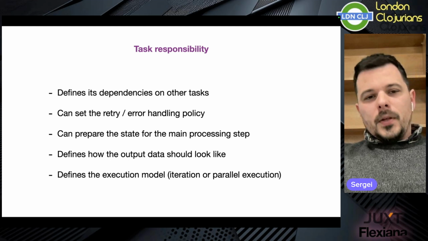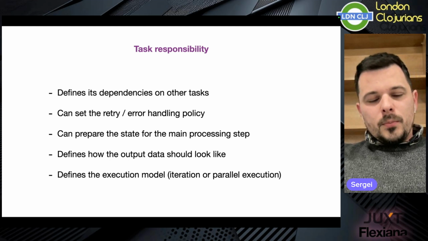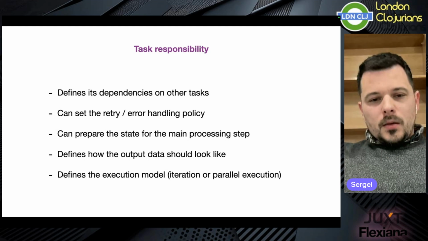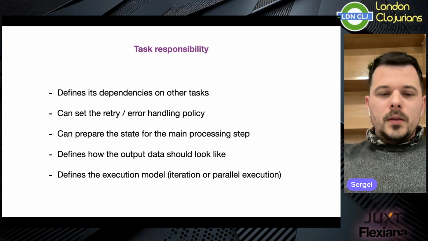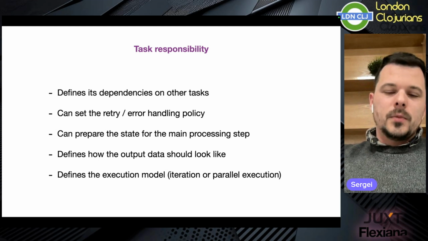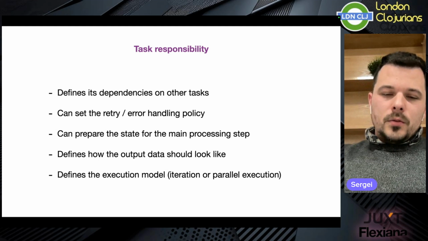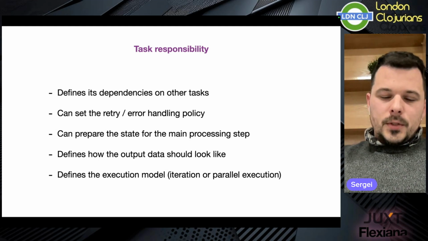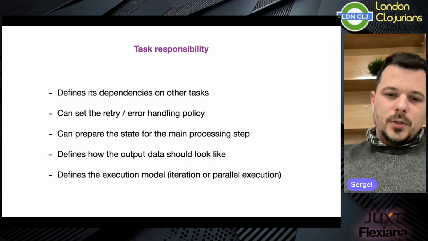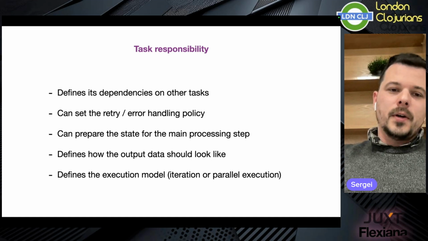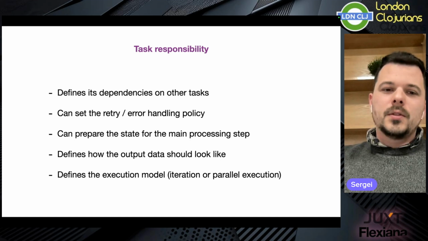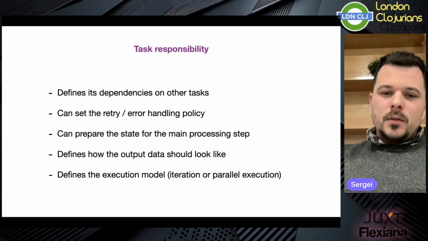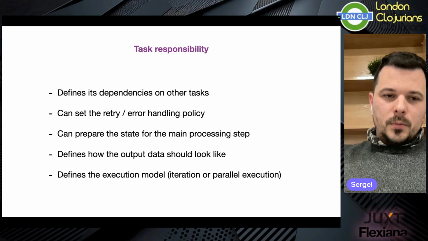The most used and important part of tasks is that you can define the execution model for them. So you can use tasks with iteration. You can provide the special key iteration, and you can define how many times it should iterate, maybe over some collection of items. So tasks can be executed multiple times.